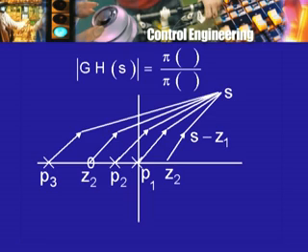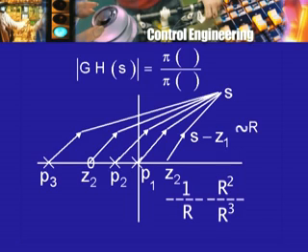And therefore, what will I have if I look at the magnitude or the amplitude of GH of S? It is going to be roughly corresponding to this factor r, corresponding to this other zero, another r, so r square in the numerator, divided by r for each one of the poles, and therefore r cube in the denominator, and therefore it is going to be roughly like 1 by r, and if r is very large, then it is going to be nearly 0.